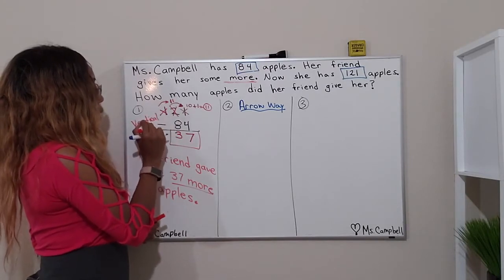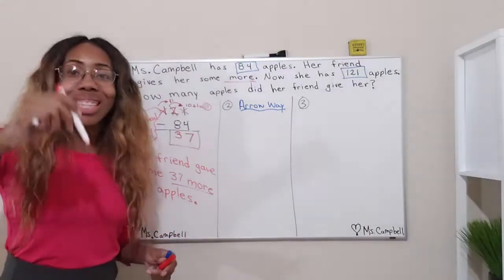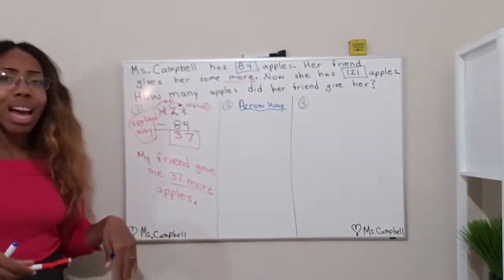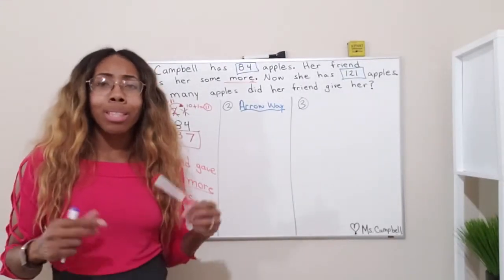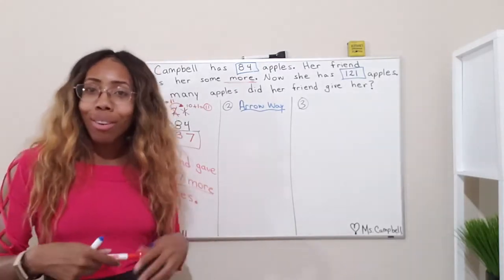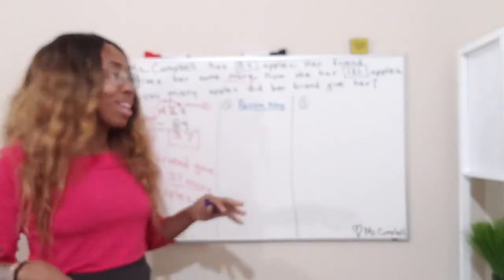Remember, vertical goes down. That's the old way I used when I was younger. We didn't call it vertical way, but now they're calling it vertical way, so I'll call it vertical way. It's cool. It's the same way.